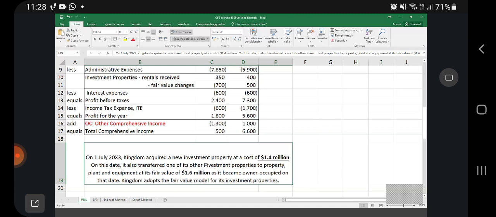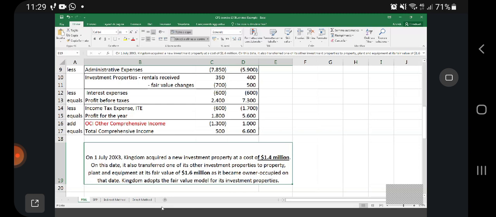And this year that we are explaining, we are purchasing new investment properties and we are paying $1.4 million for that. And in the same period, I'm reclassifying some of the buildings from investment properties to PPE, property, plant and equipment, my main fixed asset that I use in my operating activities, either to plant or to merchandise or to manufacture something.